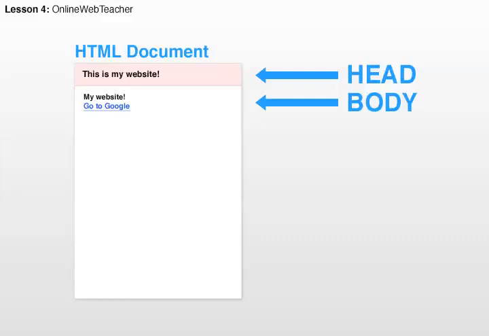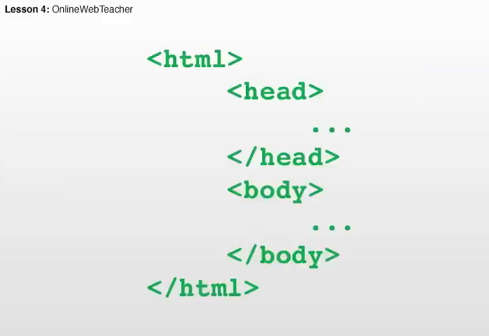In order to do this with HTML, you use a start tag for HTML to describe that this will be an HTML document, and an end tag to tell it to stop rendering, and then the head, and then the body. Whatever you want to put inside the head, you specify in between, and the same with the body.